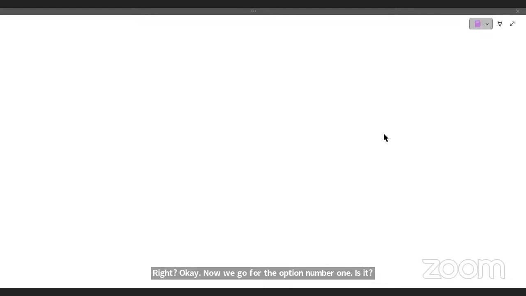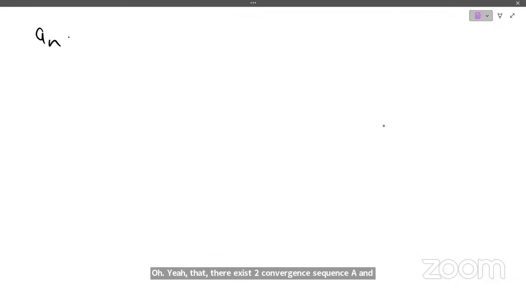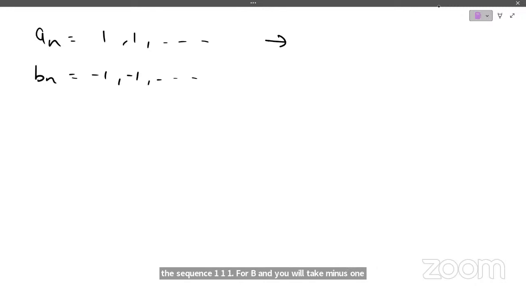Yeah, that there exist two convergent sequences an and bn which converge to two different non-zero real numbers, but an plus bn converges to 0. So for that I have given an example. For an you will take this sequence 1, 1, 1. For bn you will take -1, -1. I mean constant sequences. Then you know an converges to 1, bn converges to -1.